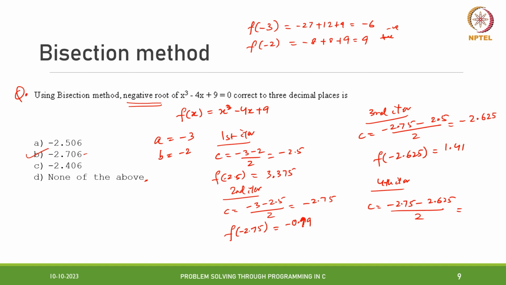Yeah, so it's very close to 0. Okay, so it should be fine. Otherwise, you can do the iterations out and check. If you are not satisfied with that, then you can do a few more iterations here. You will converge to more or less this value.